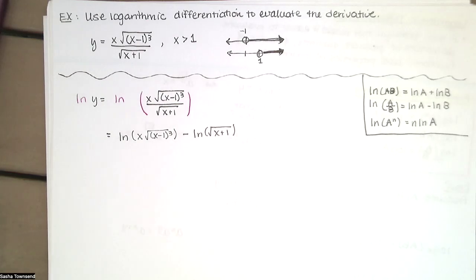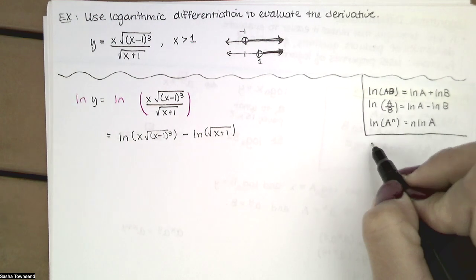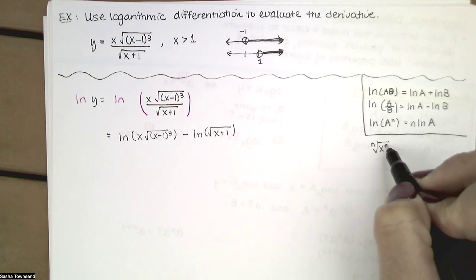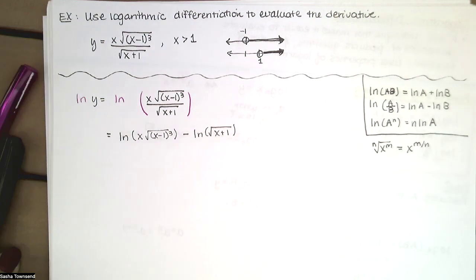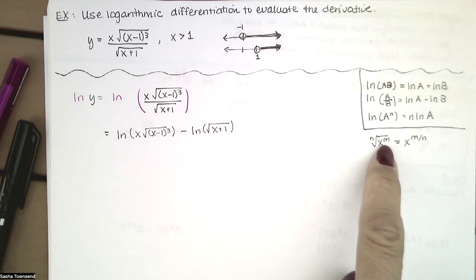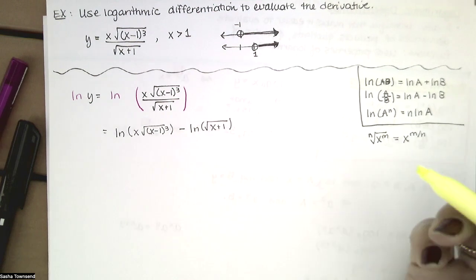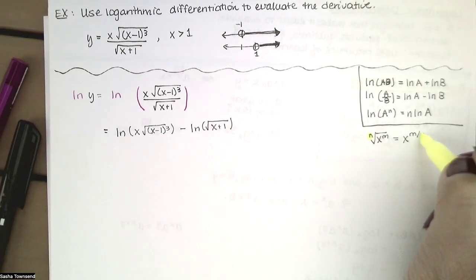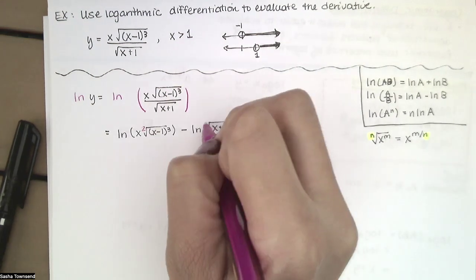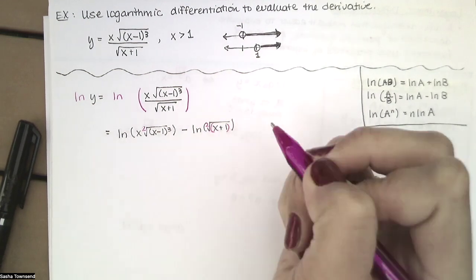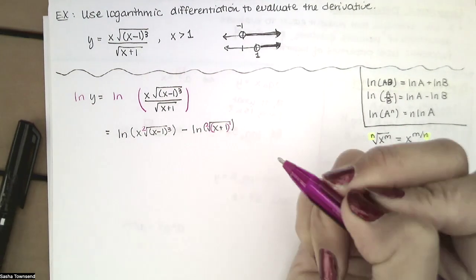Now with the square roots, you probably want to write those as exponents. The nth root of x to the m is x to the m divided by n. So that power on the x goes in the numerator, and the index of the root goes in the denominator. Now, whenever you have a square root, there's an implied 2 there. So this is a 2, and that's a 2. And with this x plus 1, it's not raised to any power. So I'm going to think of that as all being raised to the first.